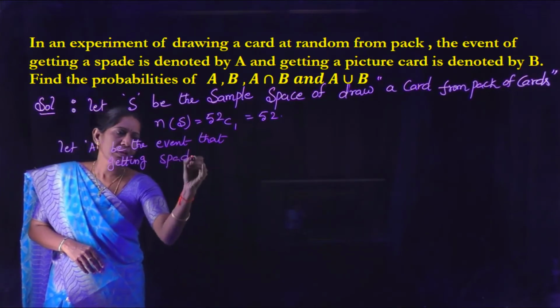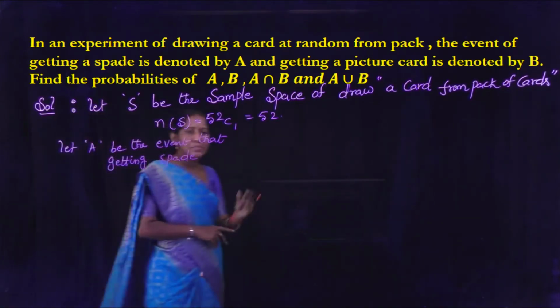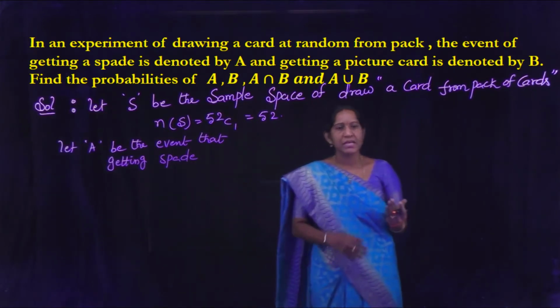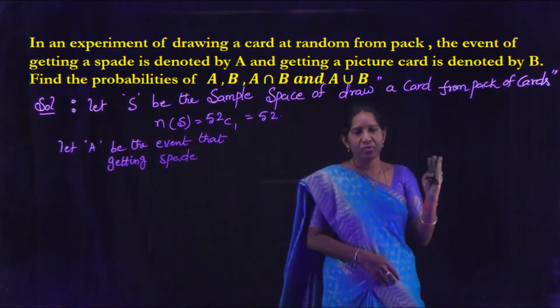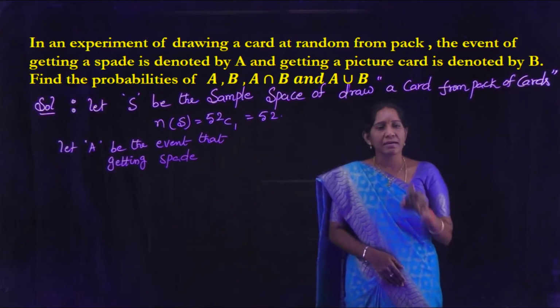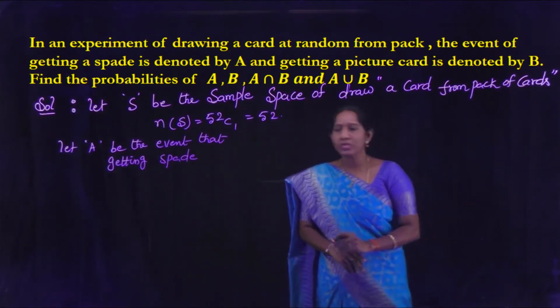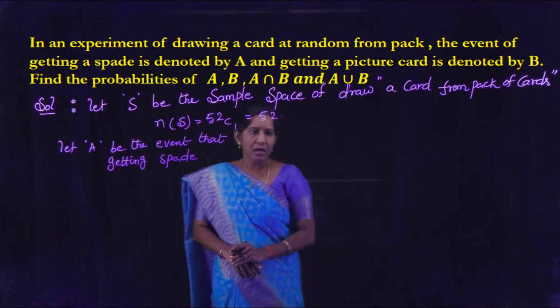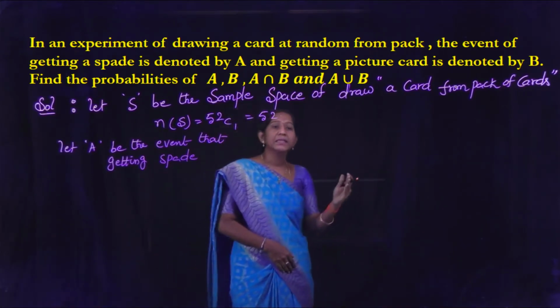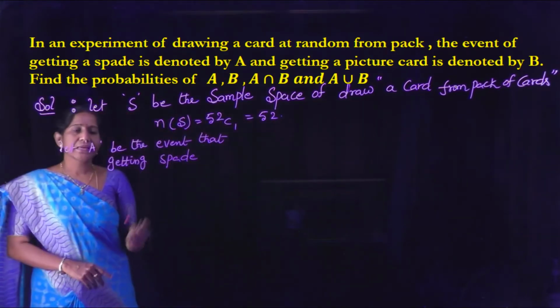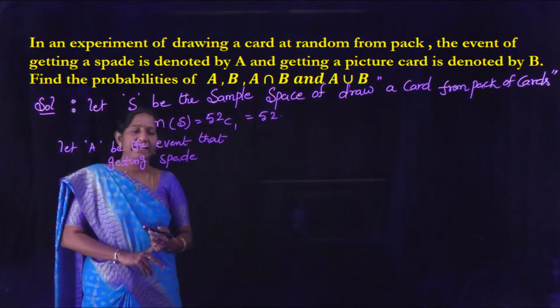We know that spades is one set out of 4 sets. The 52 cards contain 4 sets: diamonds, hearts, spades and clubs. So spades is one set, and this set consists of 13 cards. Then A be the event of getting a spade.